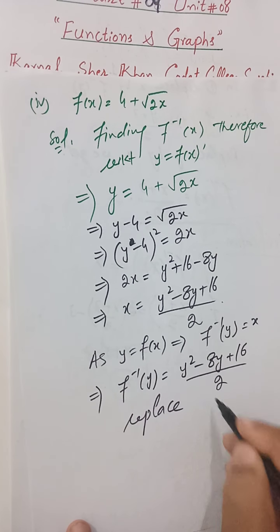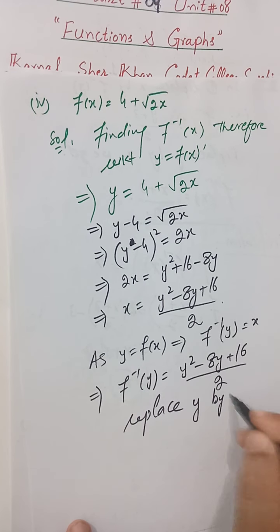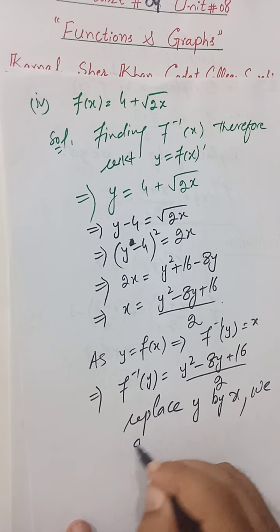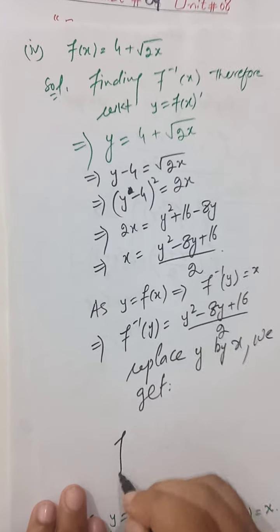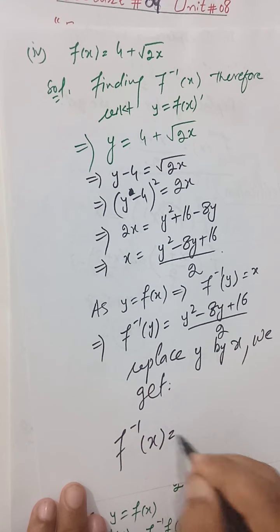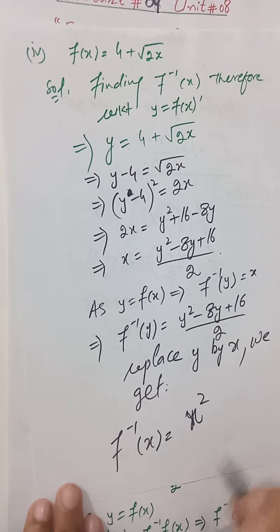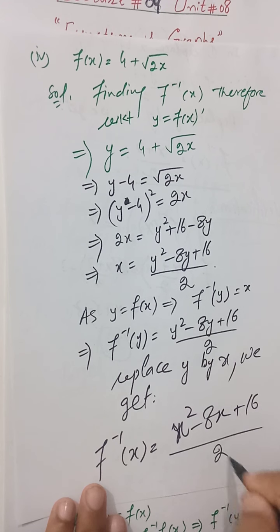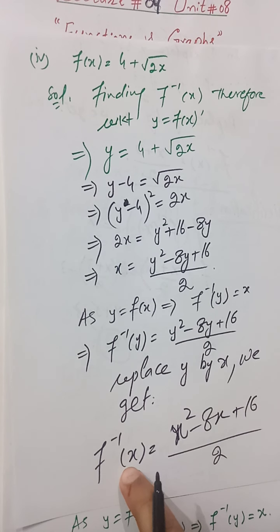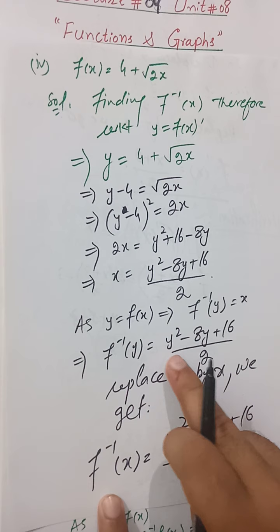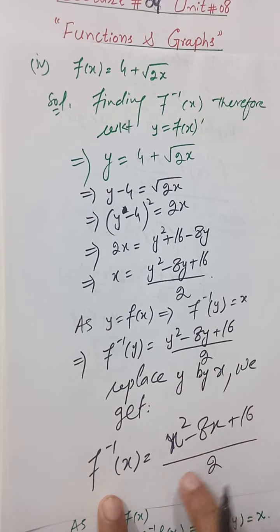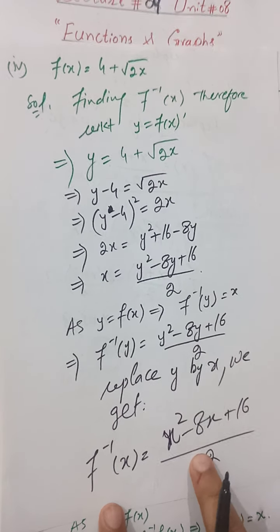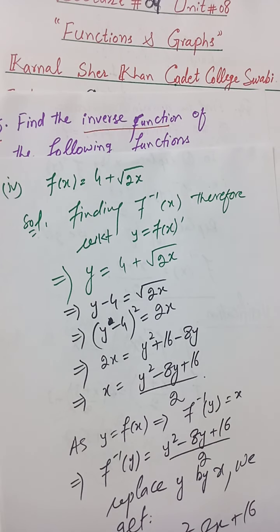Replace y by x, and we get the required result. So f inverse of x is equal to x square minus 8x plus 16 divided by 2. When you replace this argument by x, the y's in this expression will also be replaced by x. So this is the inverse of the given square root function.